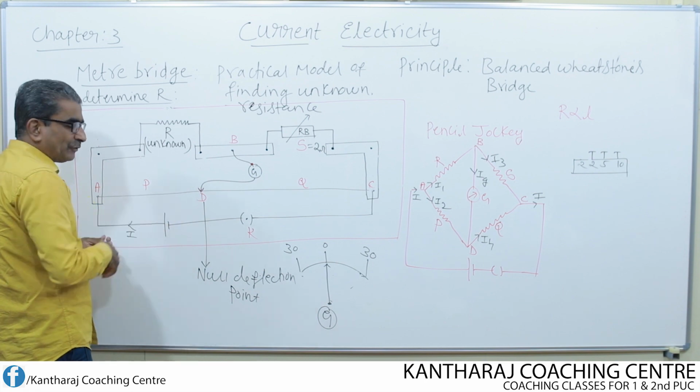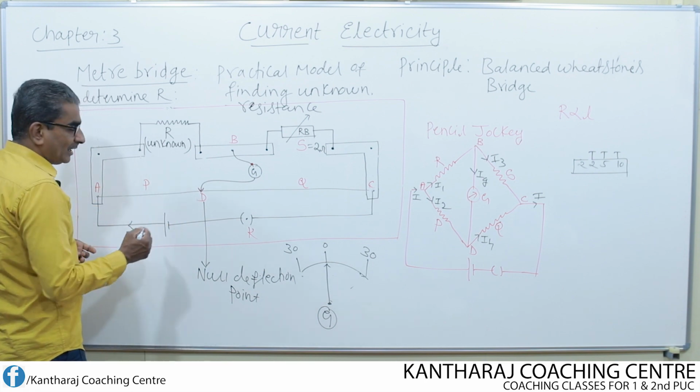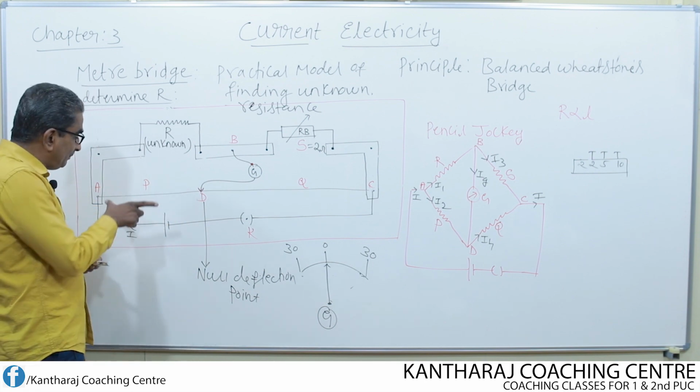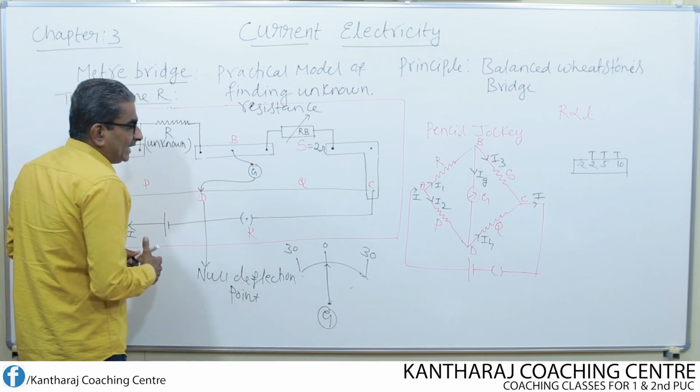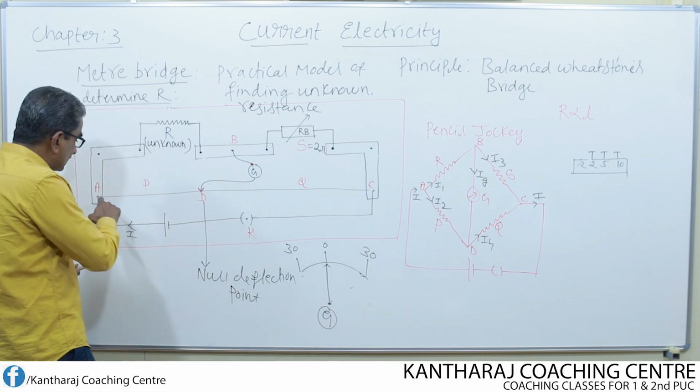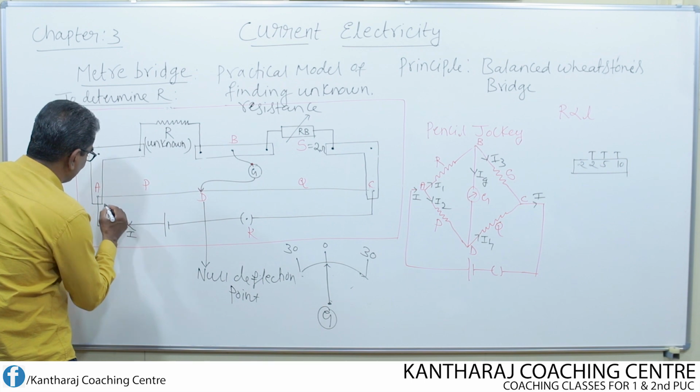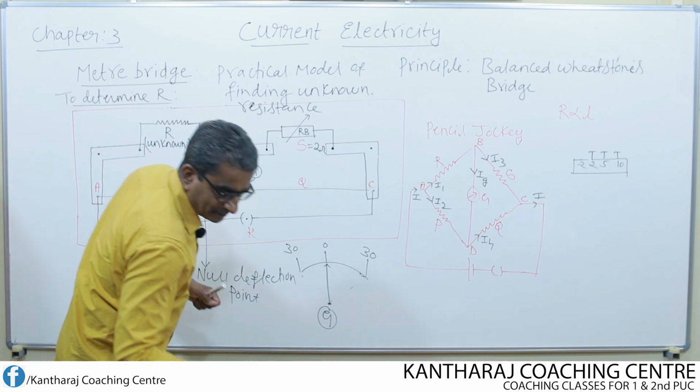Now measure the length from A to D. How do you measure the length? Below the wire, usually a scale is installed parallel to the wire. So there will be a scale below this wire.